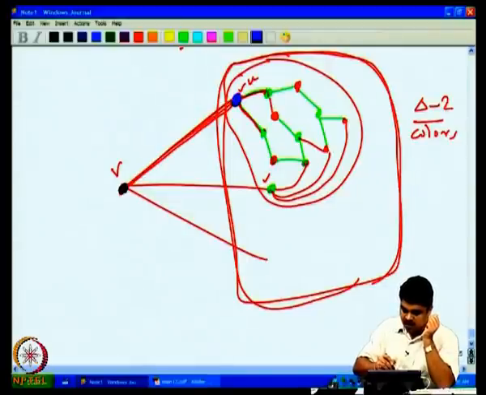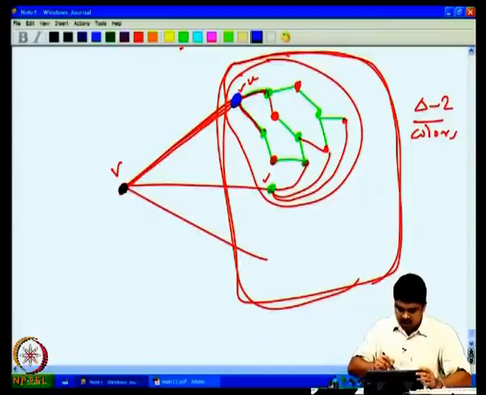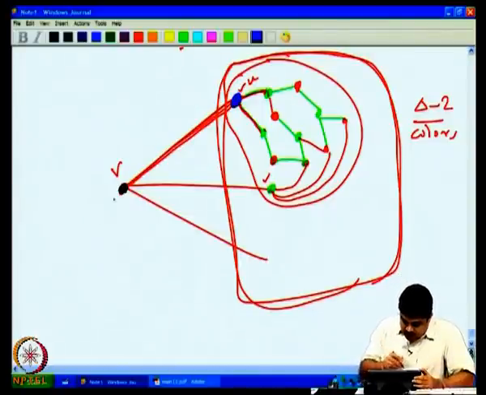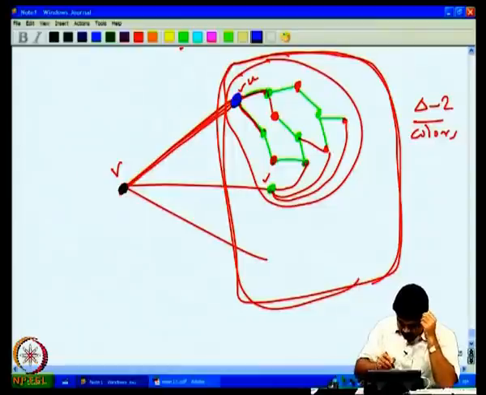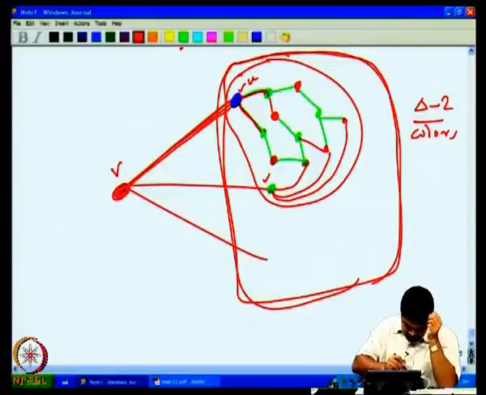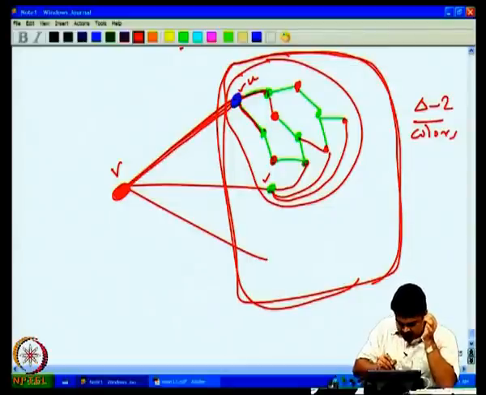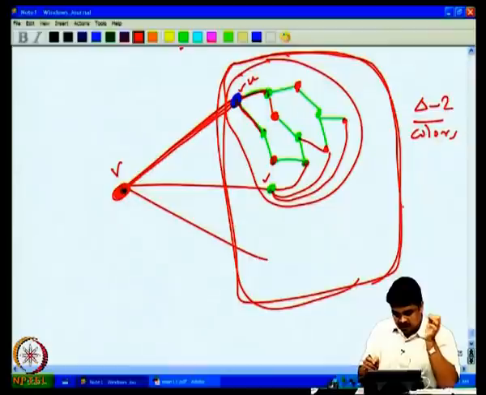So I'll reuse the blue color on this, and then the red color will be released, because the red color will not be there in any of the other places, right? We haven't done anything here, so the red color can be given to this vertex, isn't it? In other words, I release the red color from this vertex and give it to this vertex. So we can do it that way.